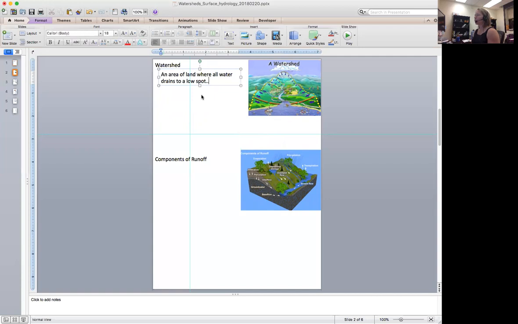We call that the outlet. And we don't necessarily think of this as one specific point, but it's more like a cross section.